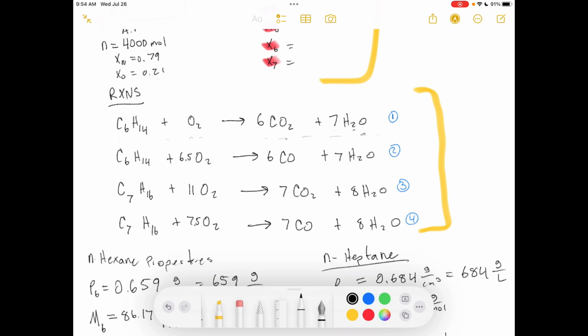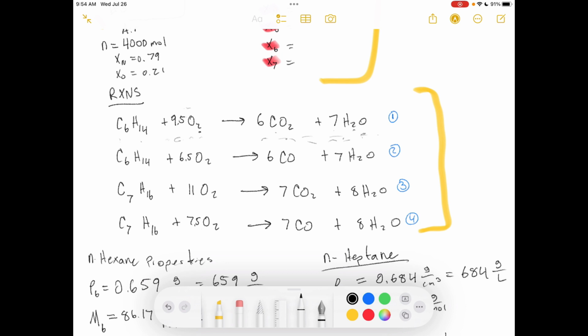So over here there should be 19 oxygens. 19 divided by 2, because there are 2 in this molecule, is 9.5. That's how you balance those equations. You do the carbons first, then the hydrogens, then you count up how many oxygens are over here, and you balance the oxygens last.